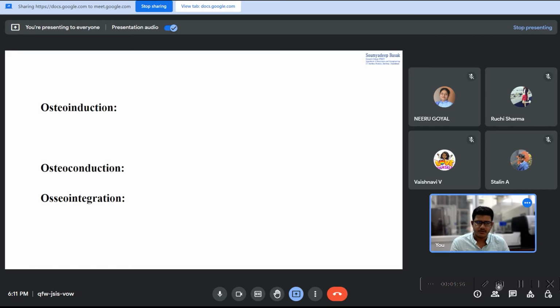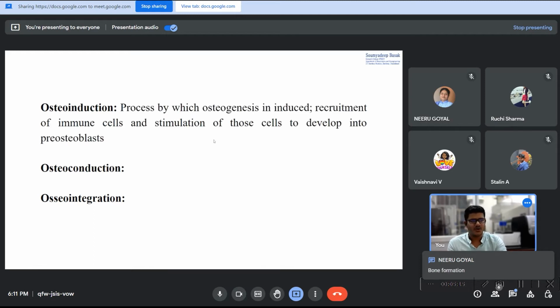Osteoinduction means induction for bone formation, not like an implant is involved there.